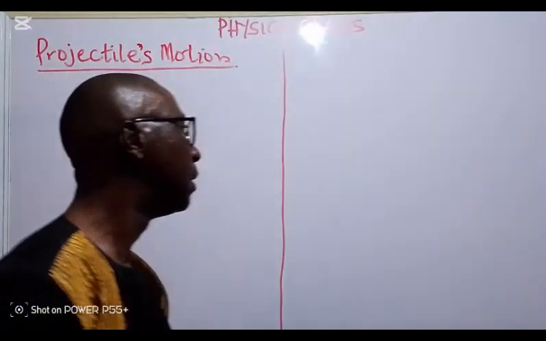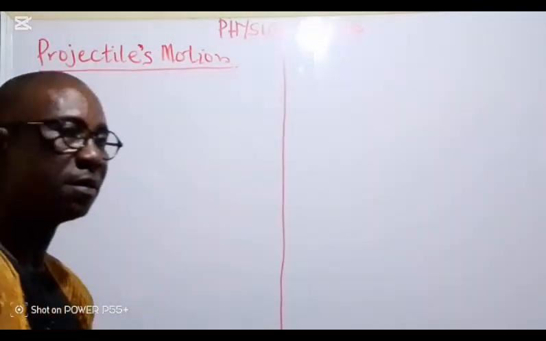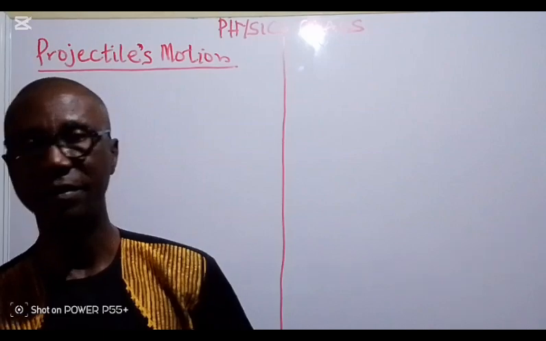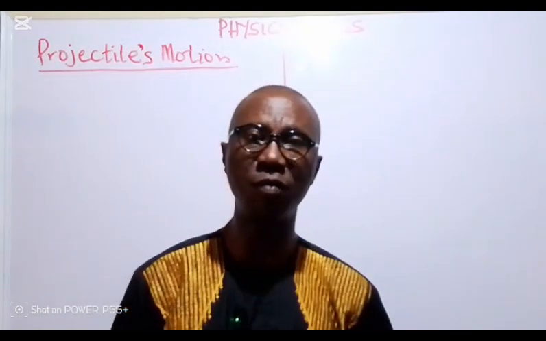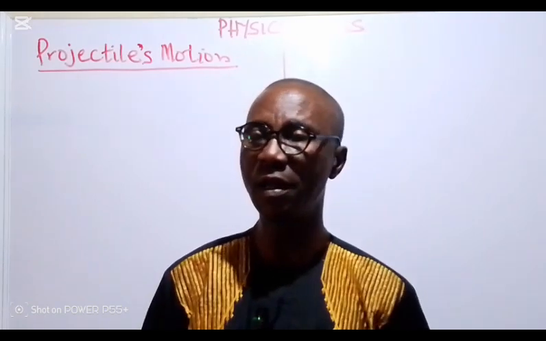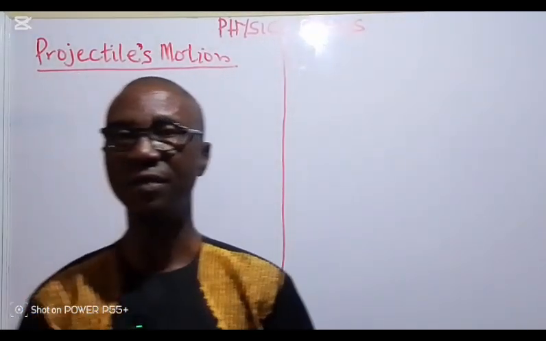So today, our topic is projectile motion. Projectile motion is a plane parabolic curve of an object thrown vertically upward into space, which varies with time and is influenced by acceleration due to gravity.